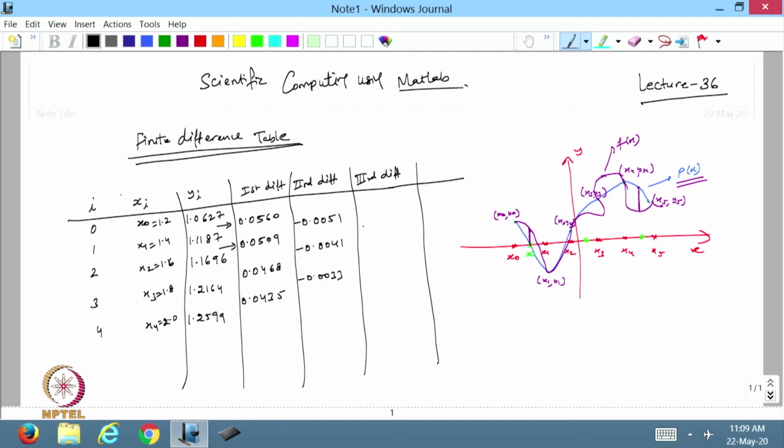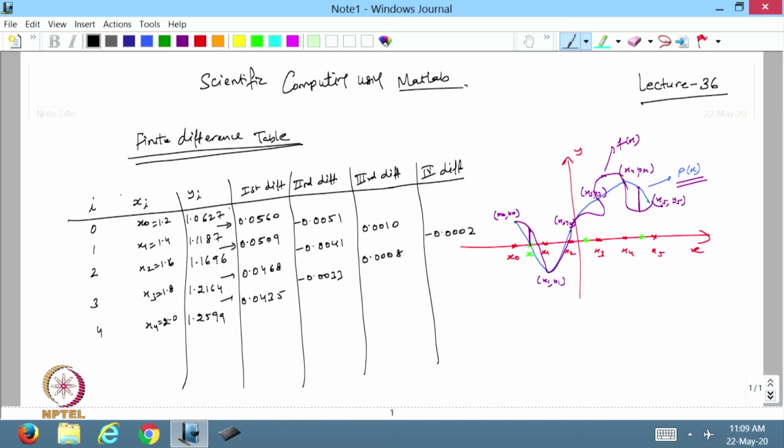If you take this one, it will be 0.0010, and this will be 0.0008, and the fourth difference I take. This will be the difference of this, so it will be minus 0.0002. Now from here you can see that there are 5 values, and the fourth difference is a constant value. So, if I take the fifth difference, then it will be 0, that we have discussed in the previous lecture.